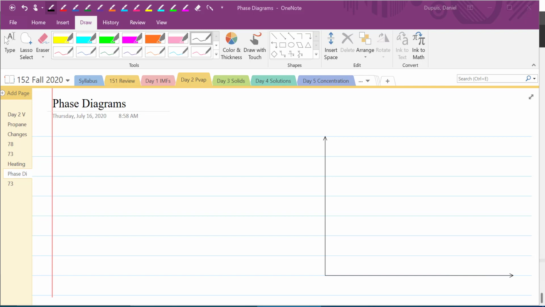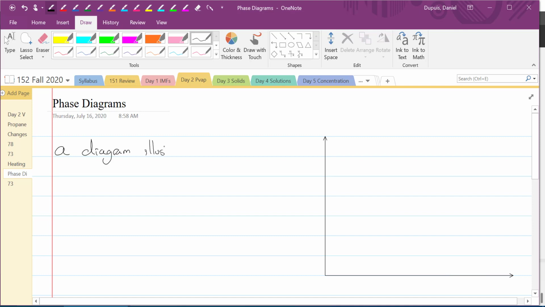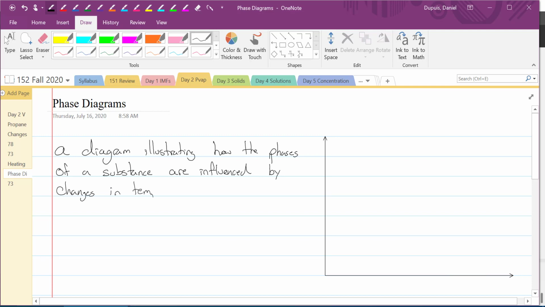Phase diagrams. These are diagrams illustrating how the phases of a substance are influenced by changes in temperature and pressure.